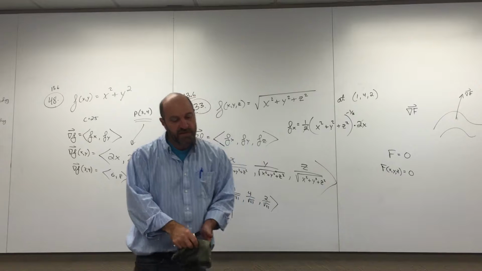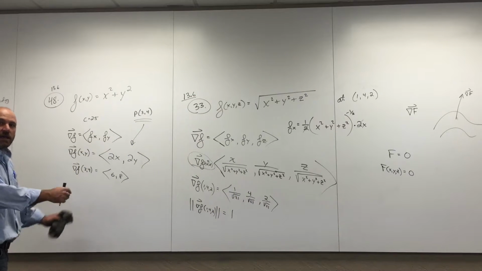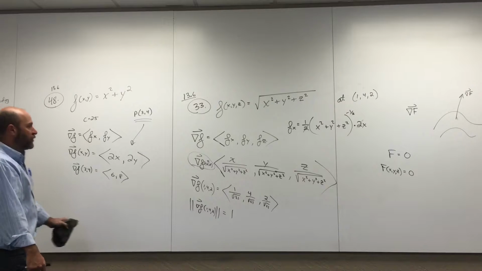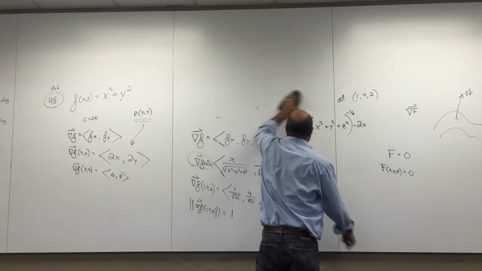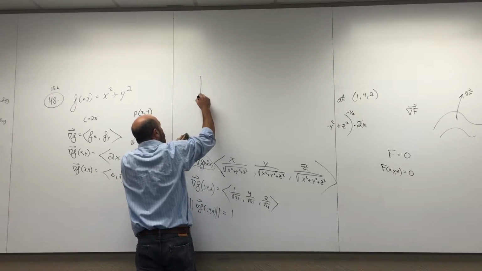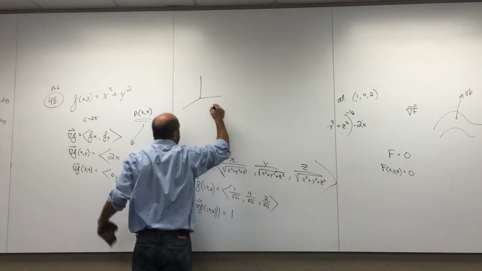I think I would add this to the question if I had this on my test or quiz or take-home quiz. I would say, please illustrate everything you've just done. So here's what that means. First of all, you don't really have to draw the function, but while we're on this topic, do you know what that function looks like? It's a 3D thing.